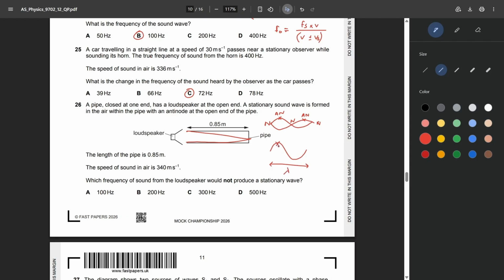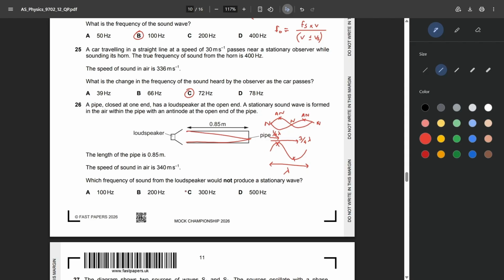Nodes are formed at 1/4 of a wavelength, and they're also formed right over here, which is 3/4 of a wavelength. Antinodes are formed at 1/4 of a wavelength and 3/4 of a wavelength.